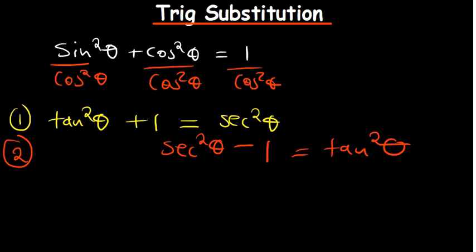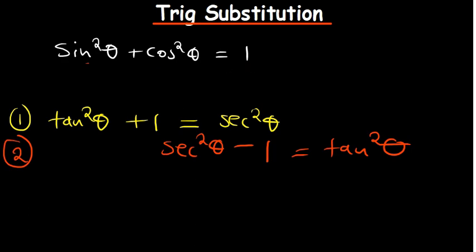And then the third one, which is also very important, is a case where, from the same sine squared theta plus cosine squared theta equal to 1, I can also decide to make cosine squared theta the subject. So this one can just be on the other side.